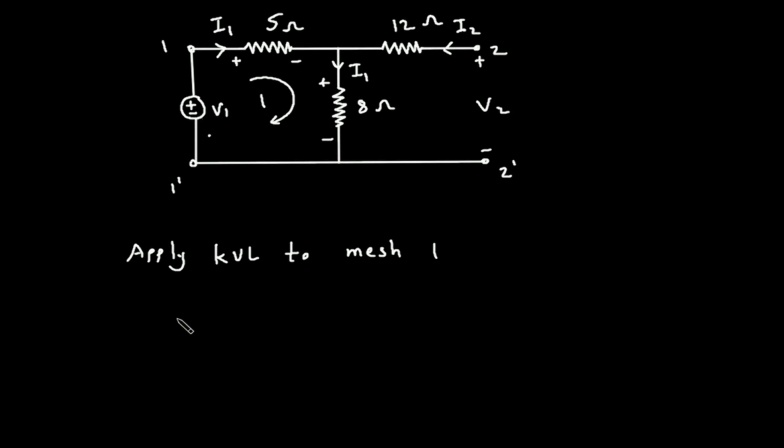So this will be minus V1, then plus 5 I1, then plus 8 I1 is equal to 0. Now here this will be minus V1, and 5 plus 8 will be 13, so plus 13 I1 is equal to 0.